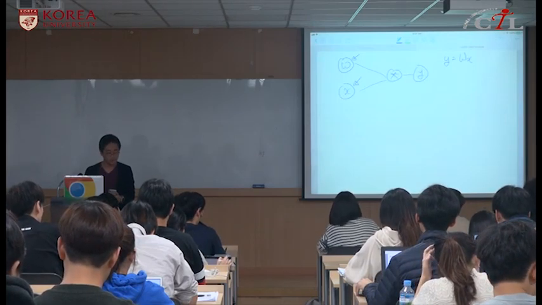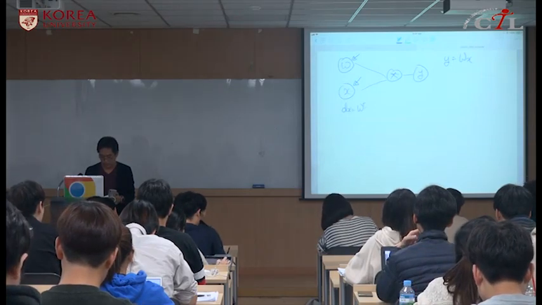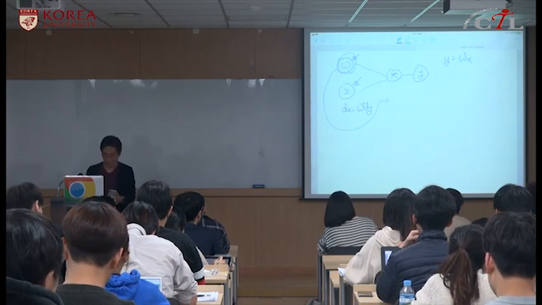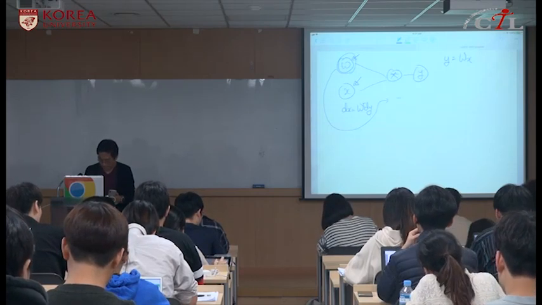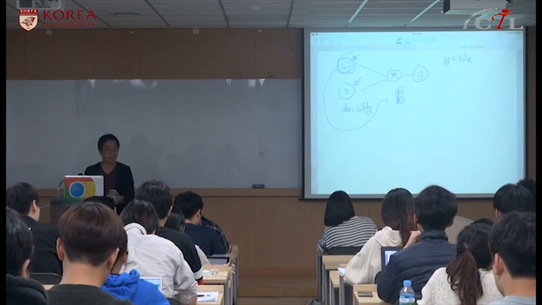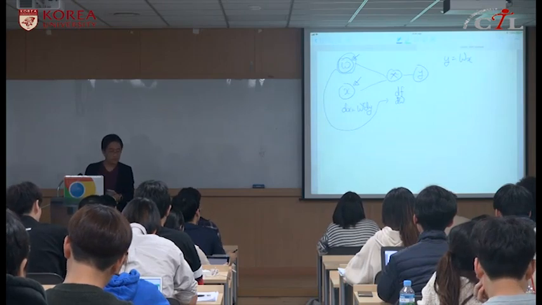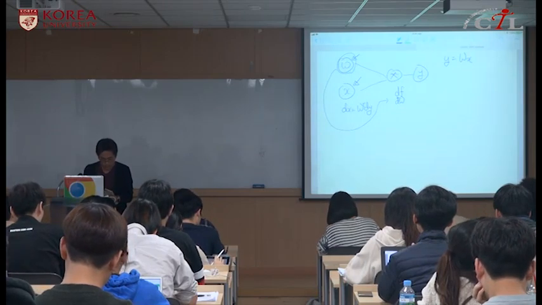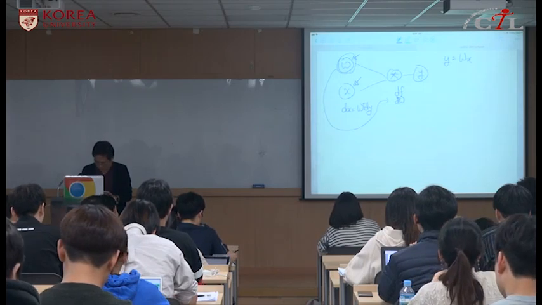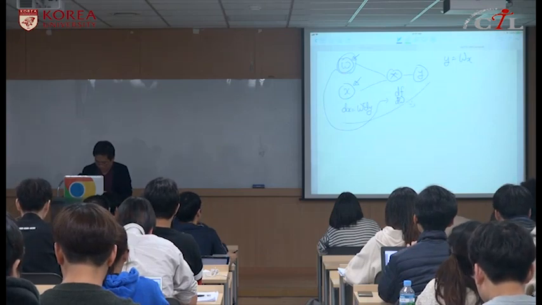We understood this part of dx being equal to w transpose dy, but let's derive the part of df over dw. Just like in the previous video, let's think of a different representation of this computational graph.